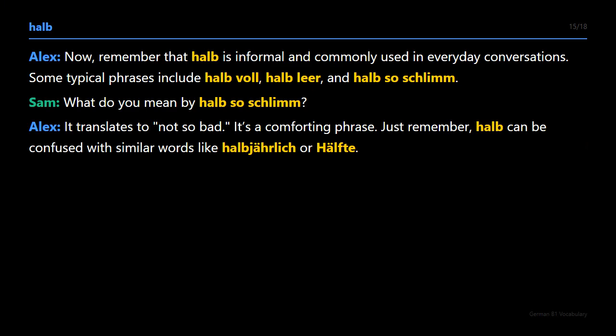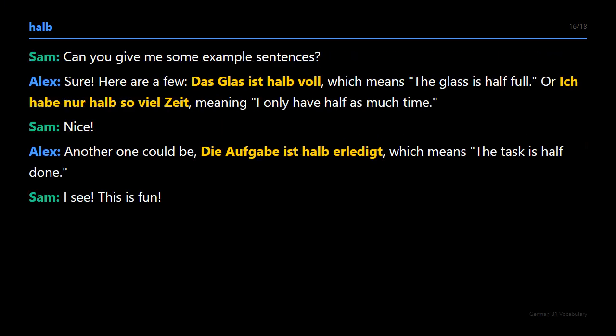Just remember, halb can be confused with similar words like halbjährlich and Hälfte. Can you give me some example sentences? Sure. Here are a few. Das Glas ist halb voll, which means the glass is half full.